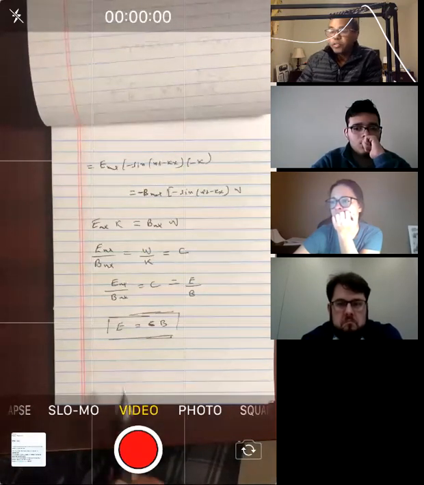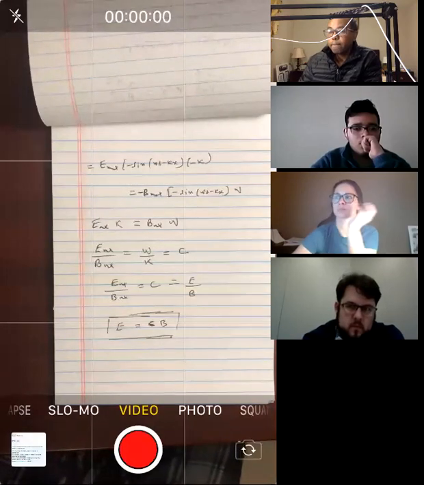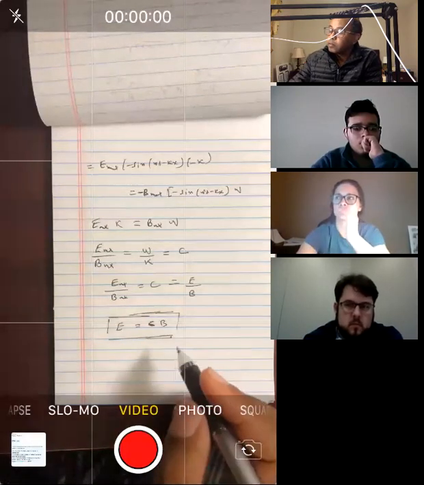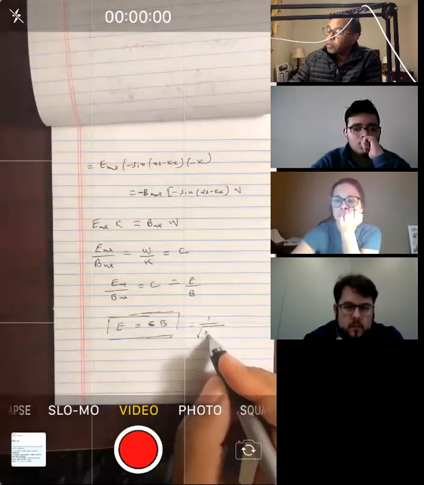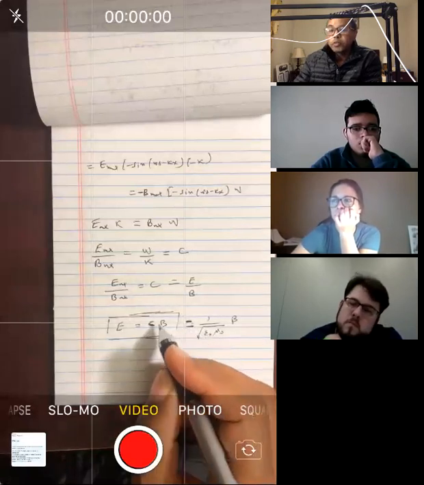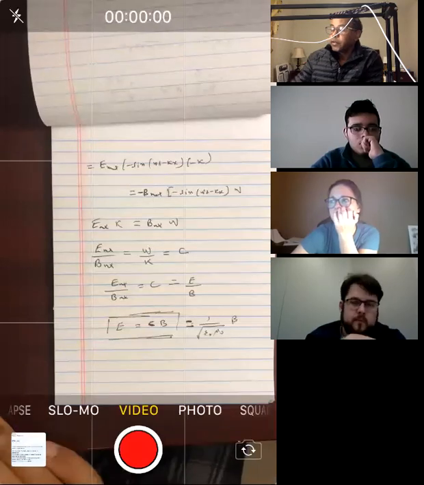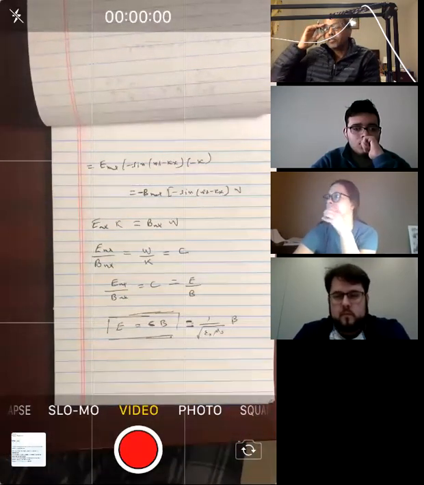But remember, they're perpendicular to each other. If you want, you can also write c as 1 over square root of epsilon mu naught, because that's what the speed of light is. So we have this simple relationship between electric field and magnetic field.